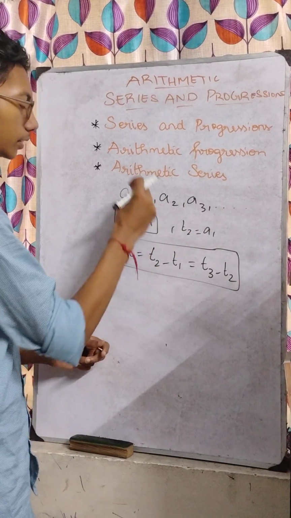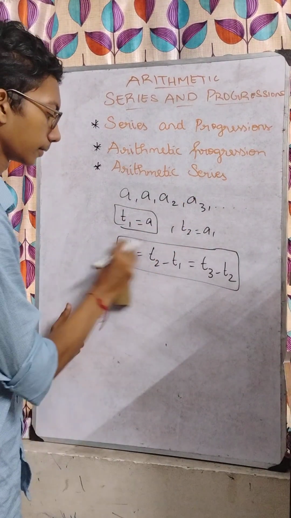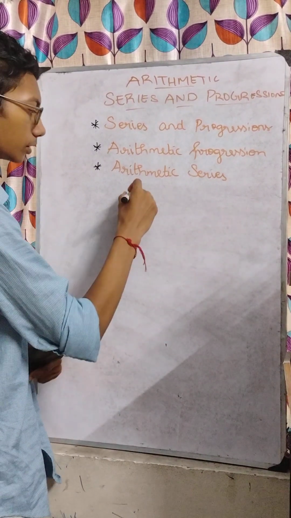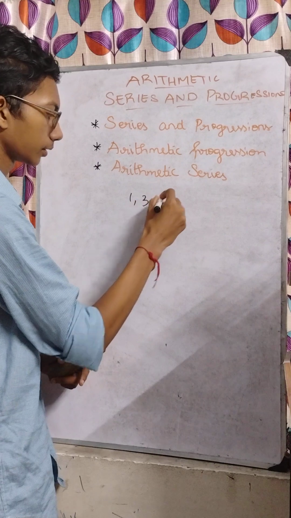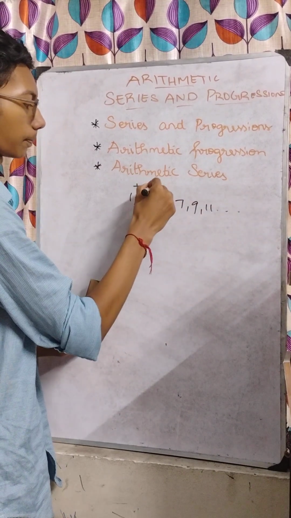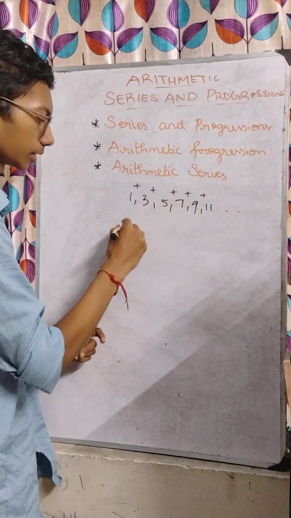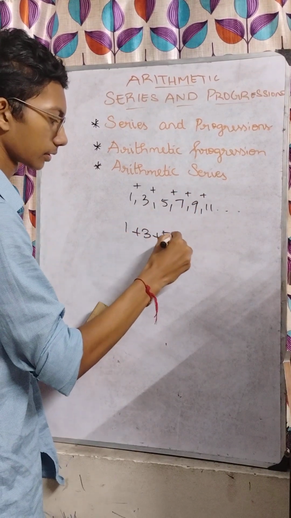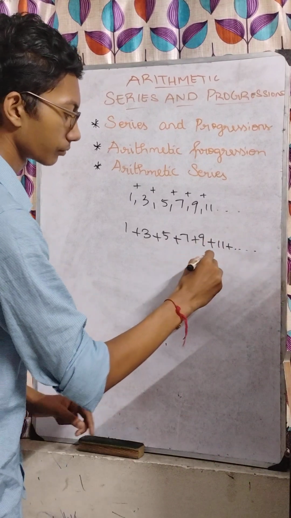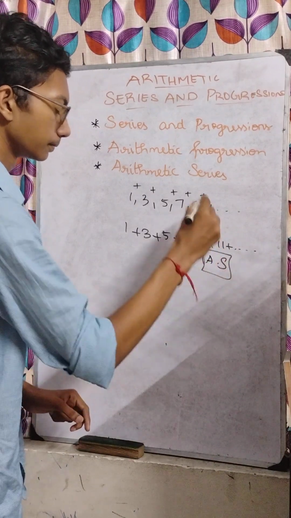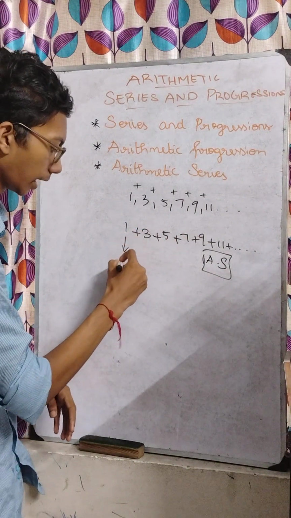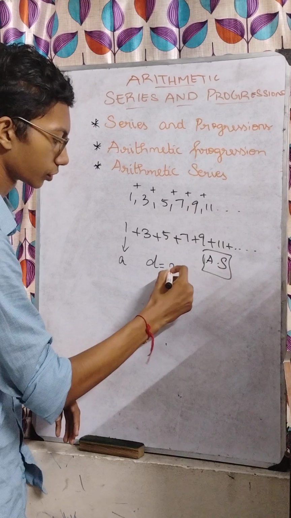The next thing is arithmetic series. We have already used this progression of 1, 3, 5, 7, 9, 11. If we just put plus between these numbers, then this becomes an arithmetic series. Now, here we have a, and the common difference here is 2.